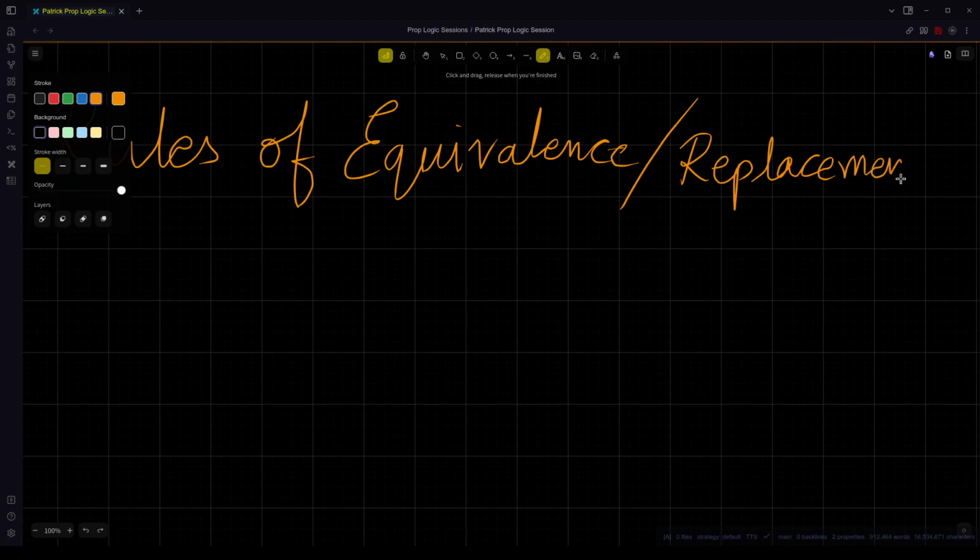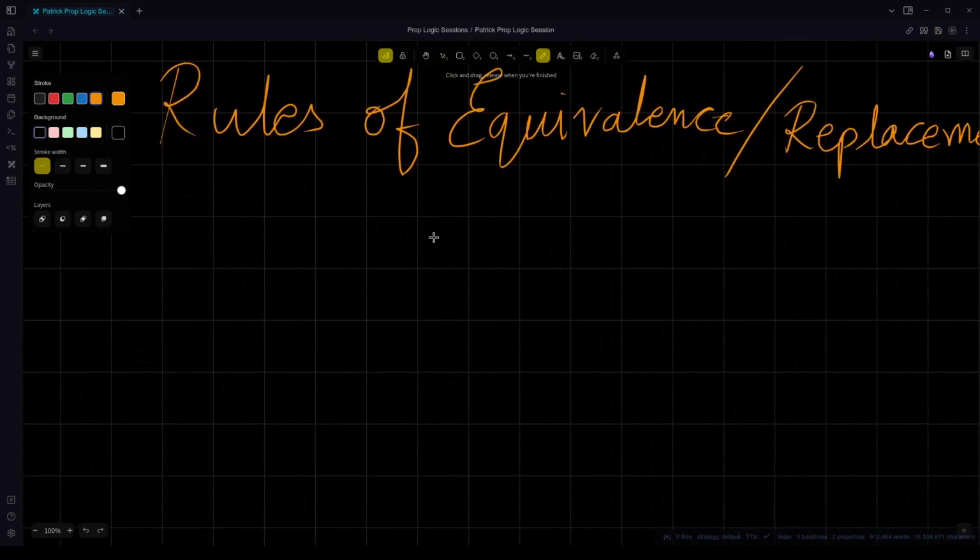They're called rules of equivalence or replacement because they are certain patterns you find in propositional logic, which, if you draw a truth table, you can prove are equivalent. These patterns appear throughout propositional logic, so they've been compiled as a list of rules, and each has a name.